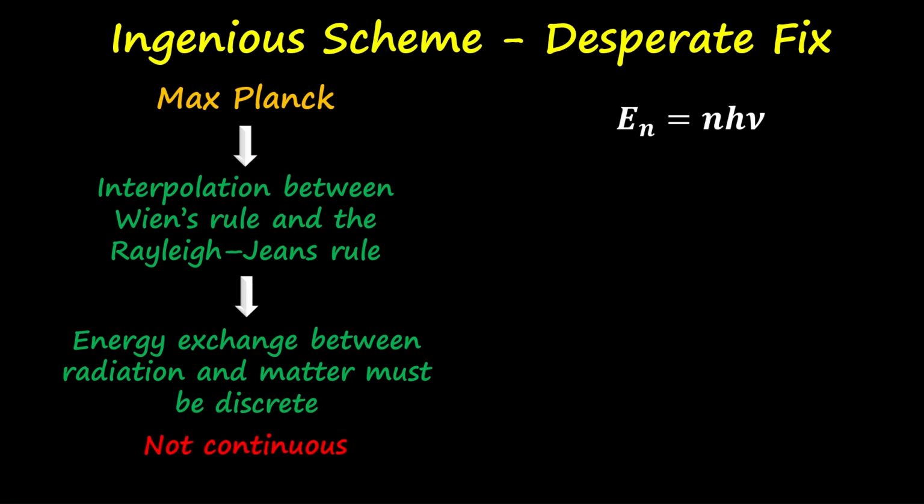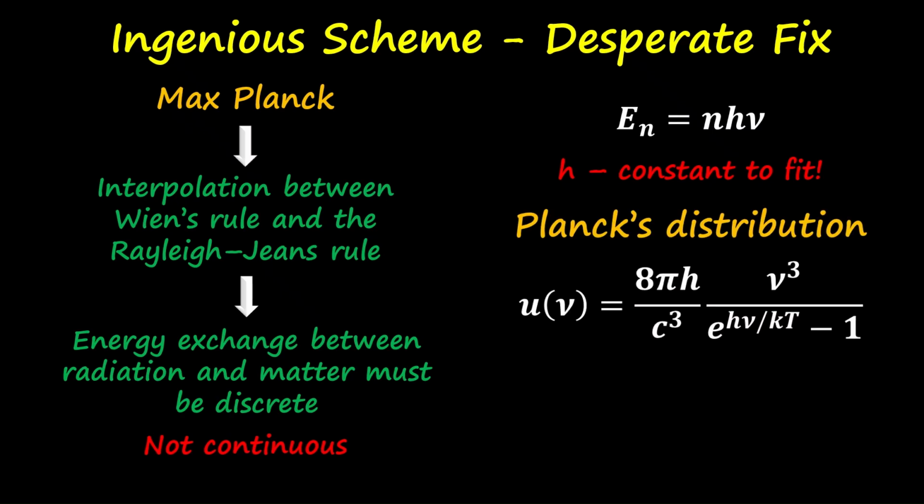And this packet of energy is proportional to the frequency, and h was just a constant to fit the black body experimental data. And finally, he gave this formula, Planck's distribution formula. And this formula perfectly fit the experimental data of black body radiation.